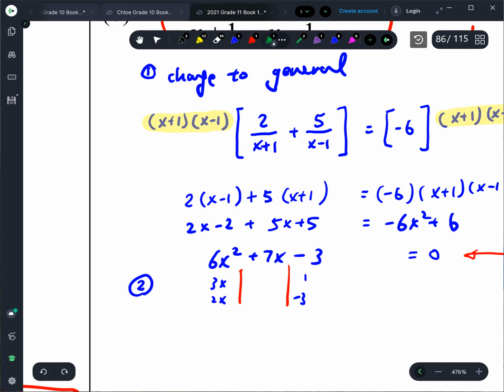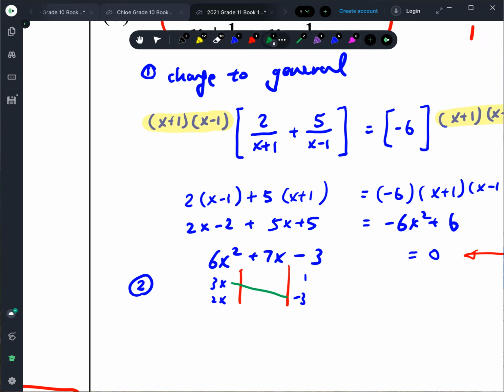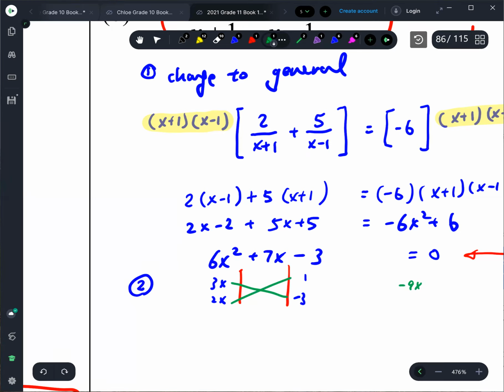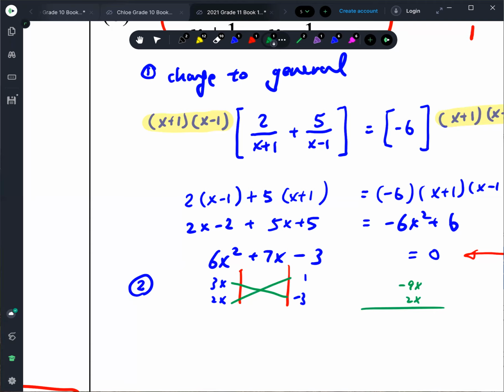You do 3x times negative 3. What do you get? You get negative 9x. And then 2x times 1 is 2x, and they add up to 7x? No, it's not.